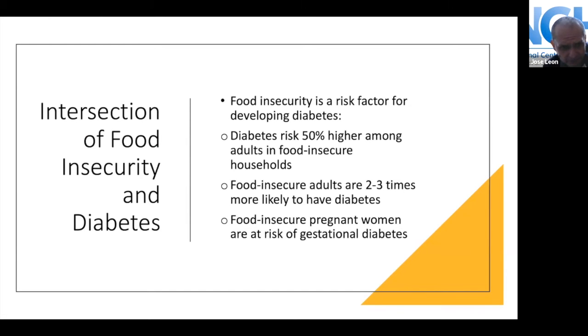Well, according to the American Diabetes Association, diabetes risk is 50% higher among adults in food insecure households. Food insecure adults are 2 times more likely to have diabetes, and food insecure pregnant women are at risk of gestational diabetes.